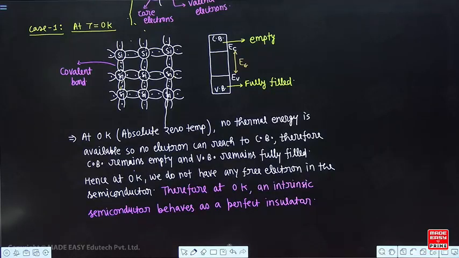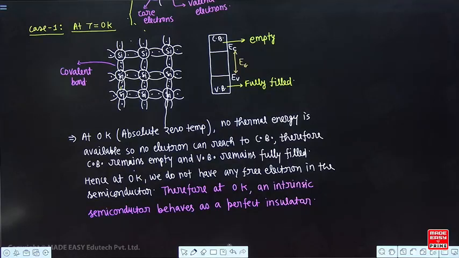And if potential energy is very low, then the bond will be very strong. And if the bond is very strong, then the band gap would be wide. So in diamond, the band gap is 5.5 electron volt. That is very high, and because of that diamond behaves like an insulator rather than a semiconductor.